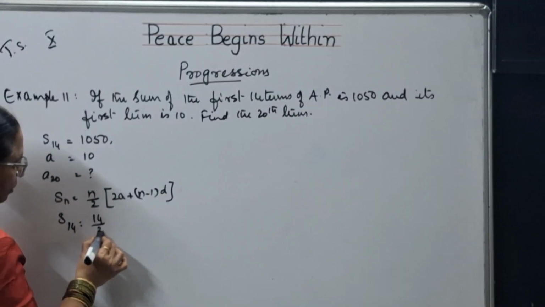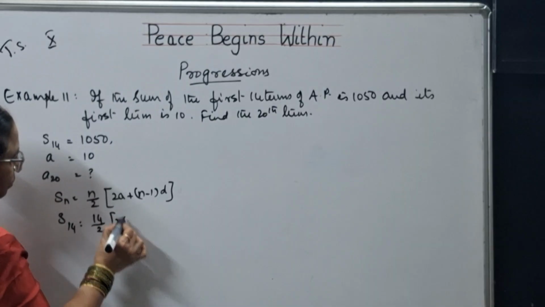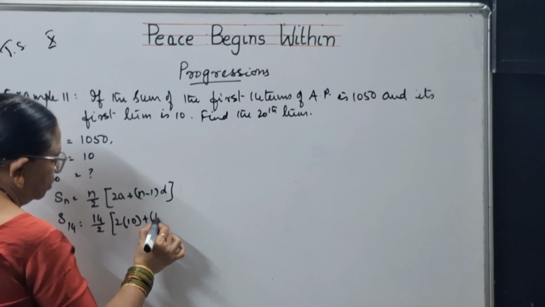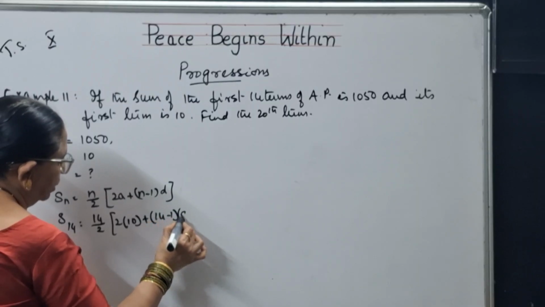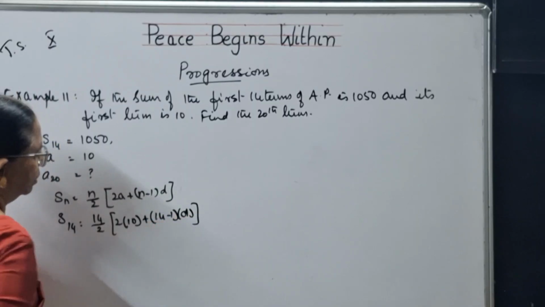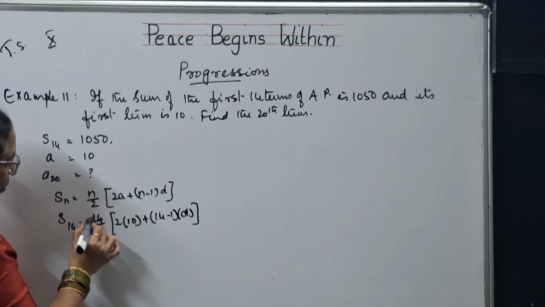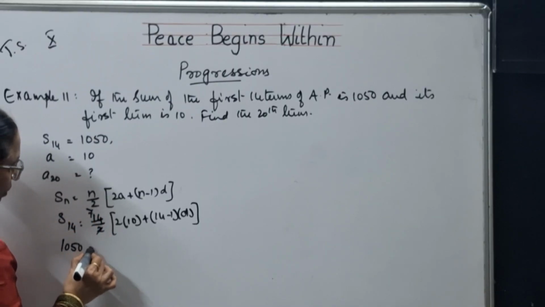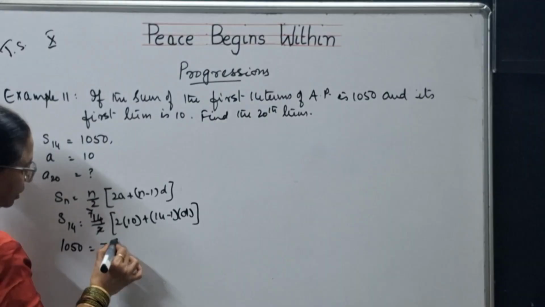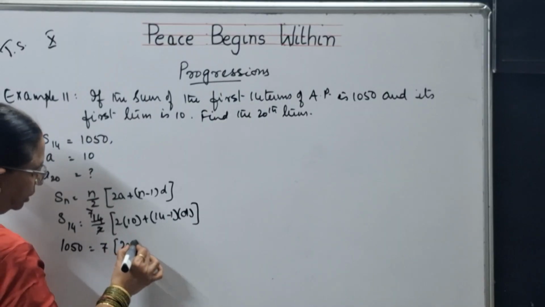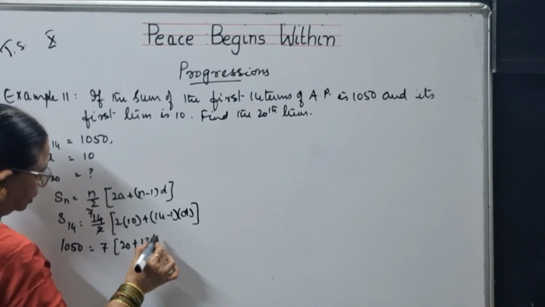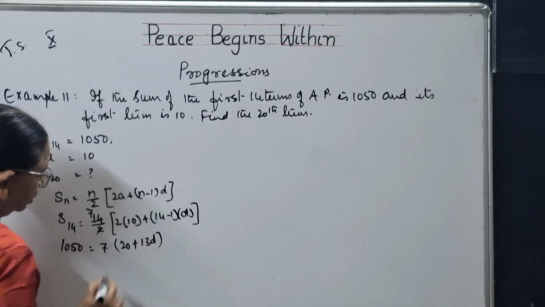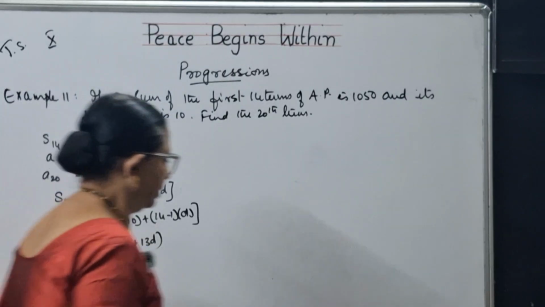So 14 by 2 into 2 into a, the first term, that is 10, plus 14 minus 1 into d. 2 ones are 2, 7 twos are 14. S14 is 1050, which is equal to 7 into 20 plus 13d.